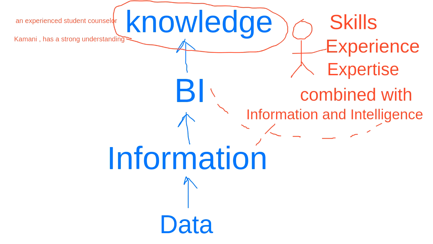This is just a mere example. I'm just taking an example for you to understand what we mean by knowledge. Skills, experience, expertise combined with information and intelligence. So someone working for an organization for a long period of time usually has strong knowledge about the Navaloka College system.